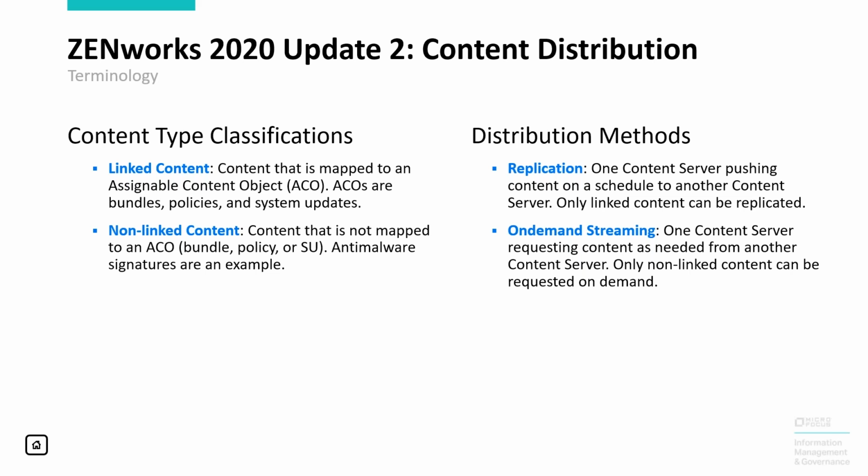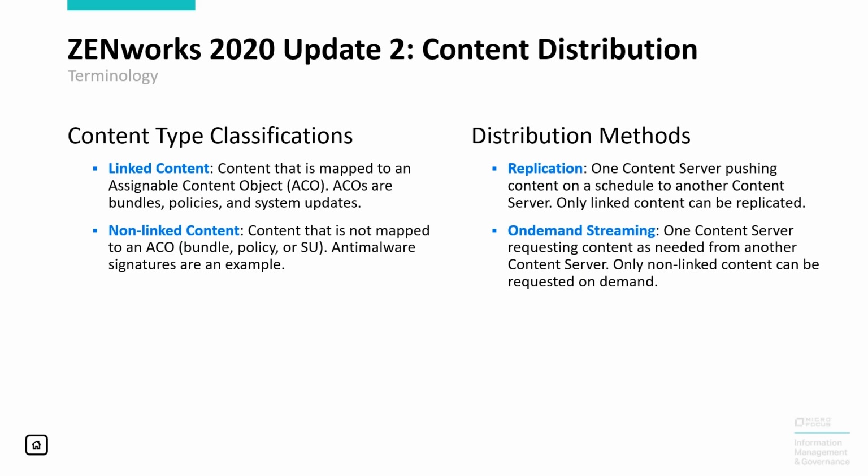It's a proxy where you can set timeouts and so on, and how long certain content is allowed to be available. For that content, we were only using it for non-linked content. There's no bundle that is available for the signature file. The signature file that we have for anti-malware is content that we do not link to such an object. So with update 2, there was a separation.